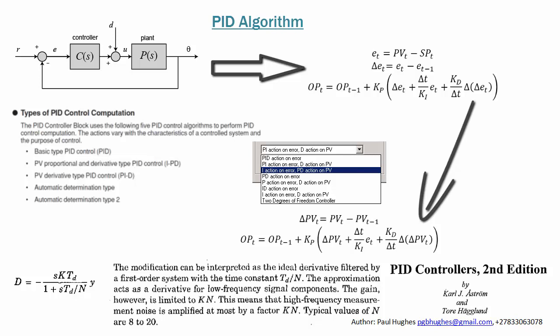So again, like I said, this book is a worthwhile investment. It explains very clearly why the derivative term is filtered and how it is filtered. Most DCS vendors or control vendors do not mention this in their help files, and they often don't even tell you what the filter values of N are that are being used.